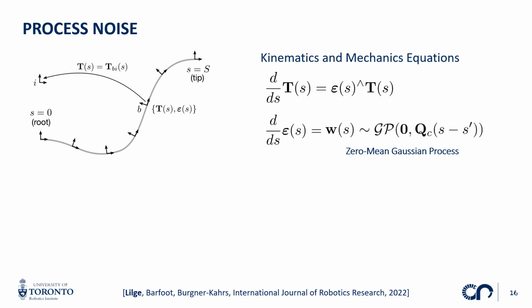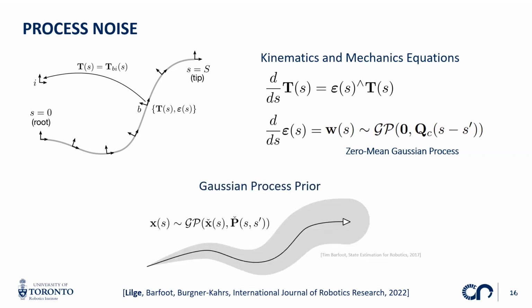And the second benefit is that I make very few assumptions about my prior model, which later means we can apply the state estimation approach to any type of continuum robot, as long as we have enough sensors attached to it. So now these are my new modeling equations corrupted with some process noise, and this is the derivative of my state with respect to the arc length.